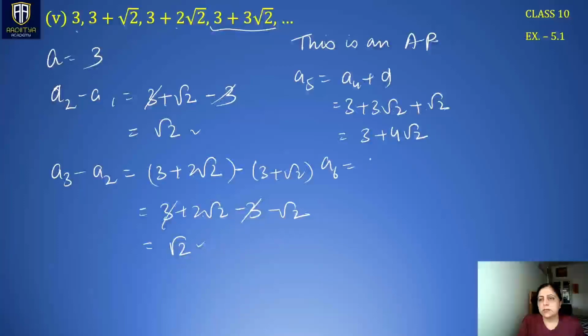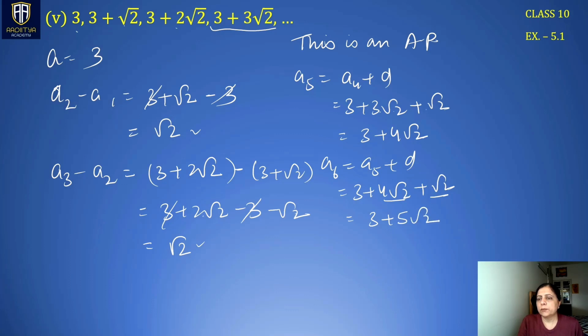Then we have A6, which is A5 plus D. A5 is 3 plus 4 root 2 and D is root 2. 4 root 2 added to 1 root 2 is 5 root 2. Finally, A7 is A6 plus D. A6 is 3 plus 5 root 2 added to D. D is root 2. So 3 remains same, and this 5 root 2 added to 1 root 2 becomes 6 root 2.